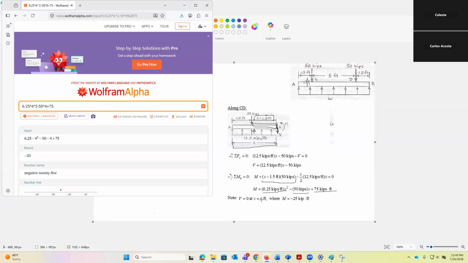Remember, at this point all we're doing is choosing some values to be able to get points to draw this. So 4 is right after 1.5, but less than 5. You can also choose 3.